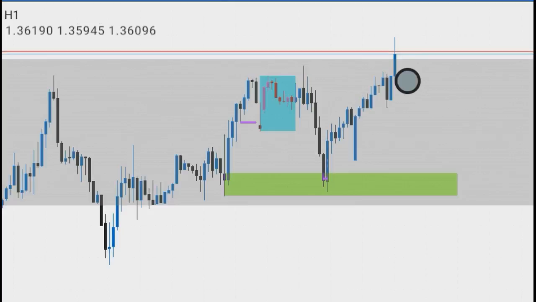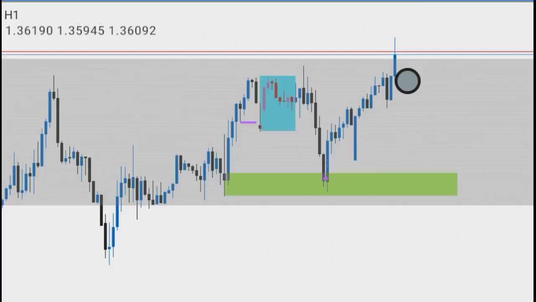You are waiting for a candle body close, either below or above your Asian range. If it was a bullish day and a candle breaks and closes below your Asian low, you drop down to either the M5 or the M1 for your entry.